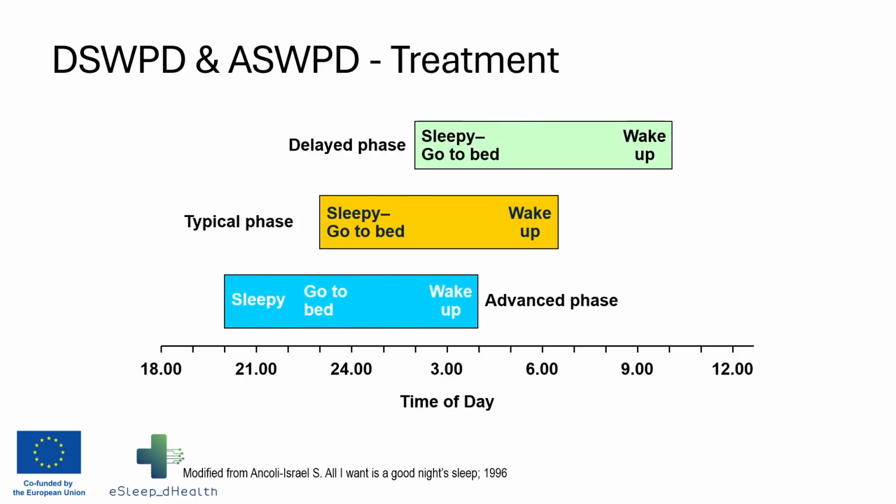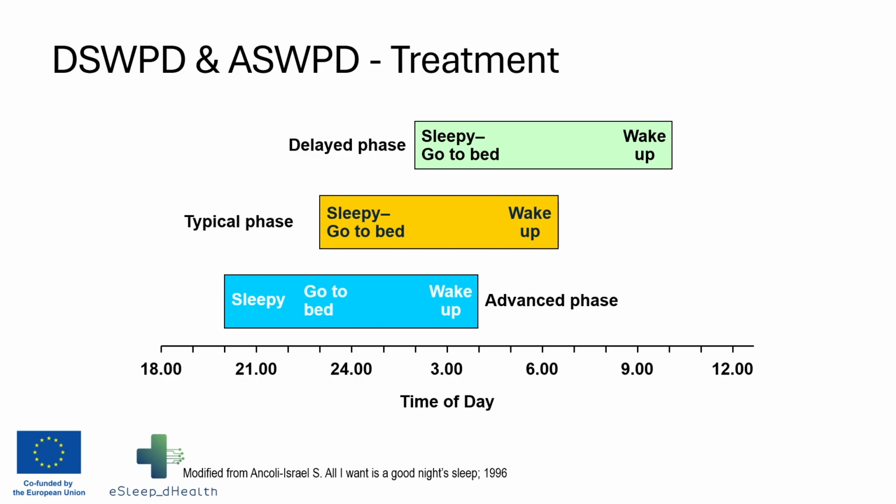So when we think about treatments for these disorders, I want you to think back to my earlier slides that showed the importance of light and melatonin in training circadian rhythms, because the main treatment strategies for these disorders are light therapy and low-dose melatonin. So if you remember, under a typical phase, melatonin typically rises a couple of hours before bedtime.